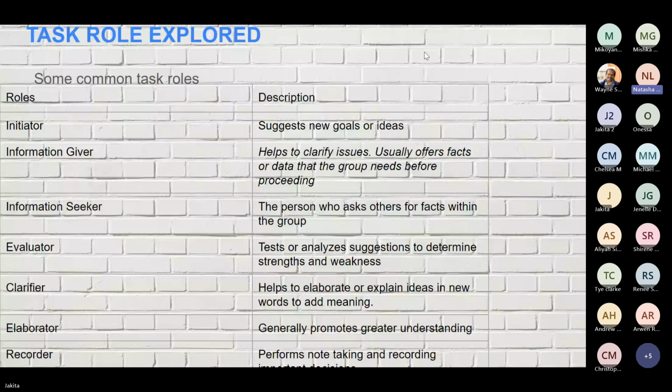Elaborator generally promotes greater understanding to the discussion, and the recorder performs a group memory function by taking notes and recording important decisions.